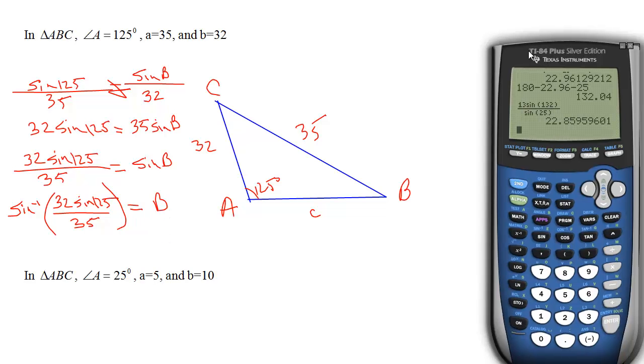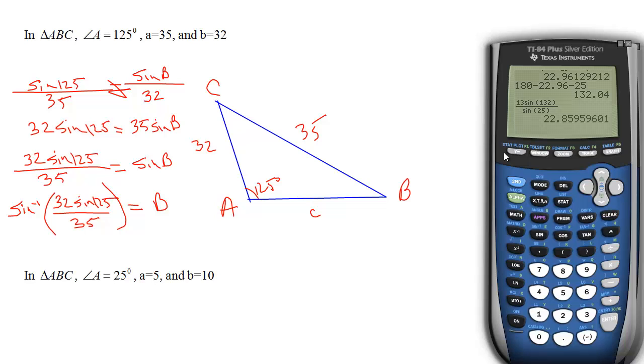We'll go ahead and put this in the calculator. Let's start out here. We're going to take the inverse sine and have 32 times the sine of 125 over 35. And I get approximately 48.498.